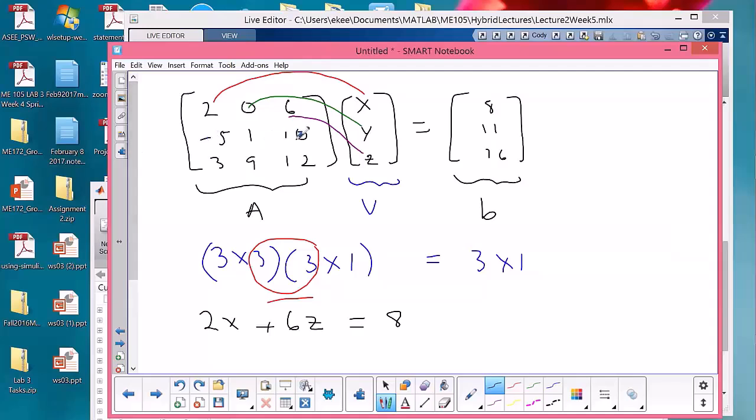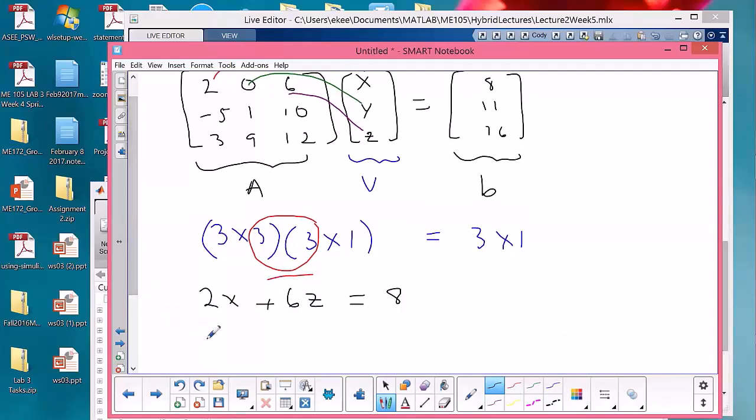This second row times this column, only 1 column I have because it's a vector, should give me B21. The last one, I would say this third row times this first column should give me the element here, 3, 1. So if I proceed, I get this. For the next one, I think you should be able to do it.